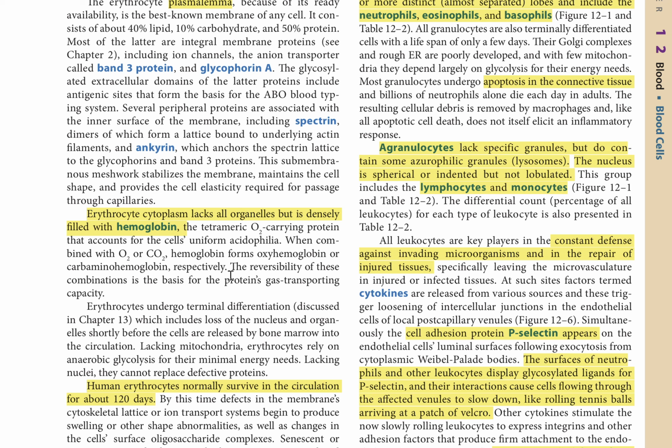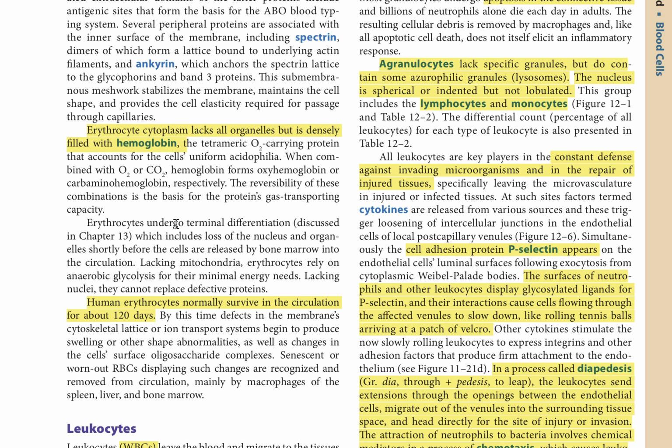The reversibility of these combinations is the basis for the protein's gas transporting capacity. Erythrocytes undergo terminal differentiation, which includes the loss of the nucleus and organelles shortly before the cells are released by the bone marrow into the circulation.